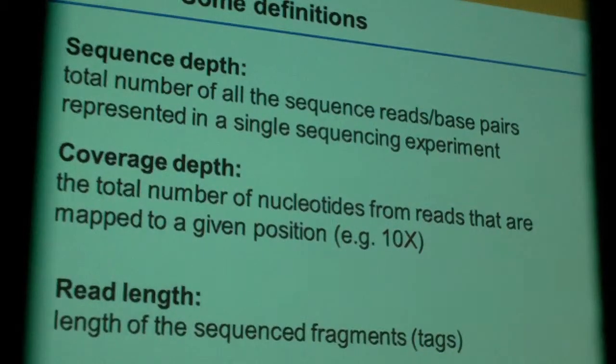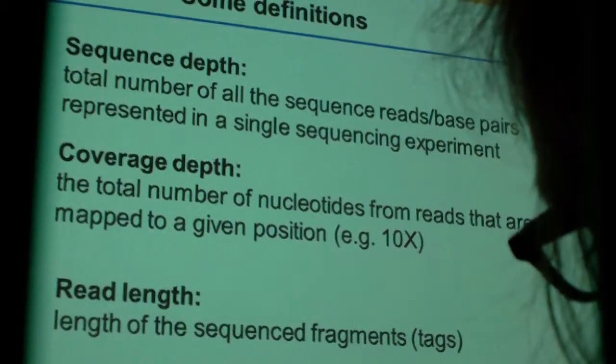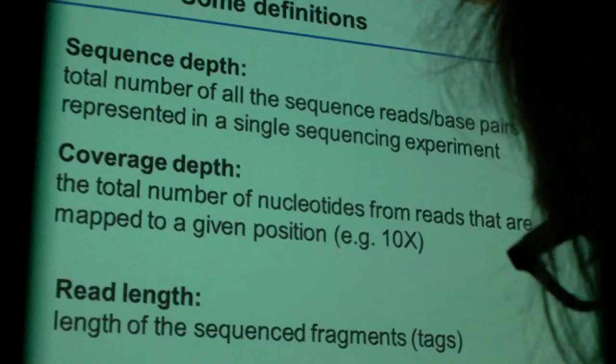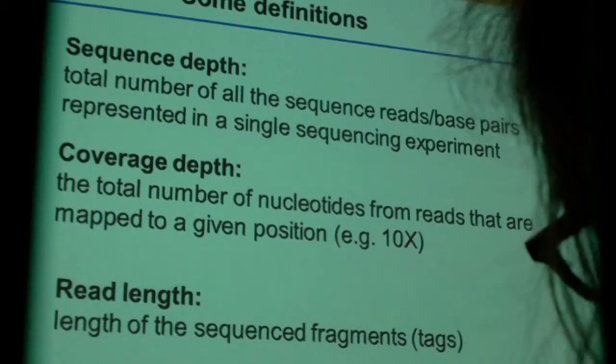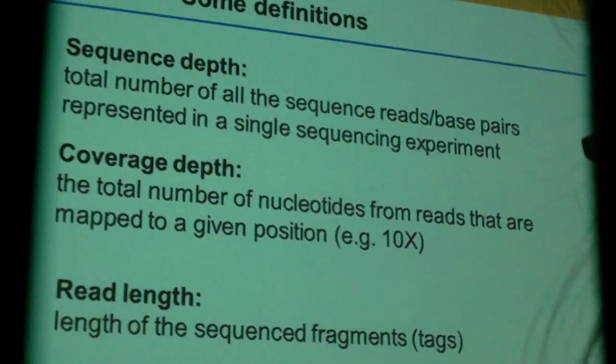So the more, the more reliable the sequence is. Also the coverage depth, the total number of nucleotides from reads that are mapped to a given position. So you can have the same sequence 10 times, 20 times, 100 times, 1,000 times, and the more you have, of course, the better it is, the more reliable your sequence is.